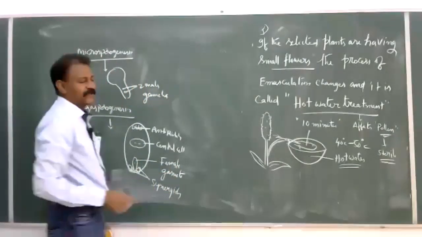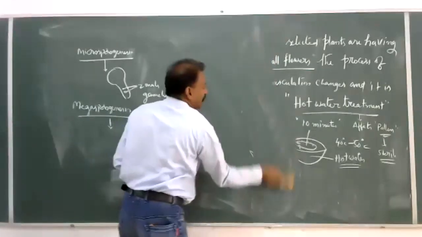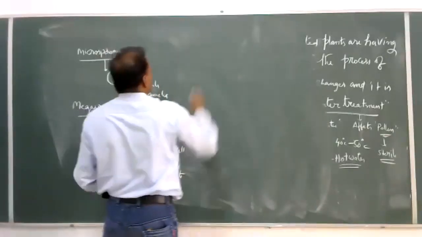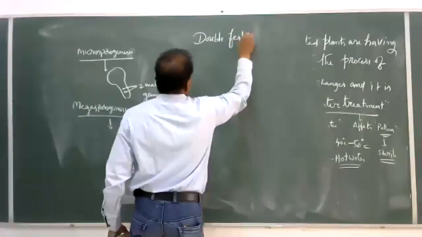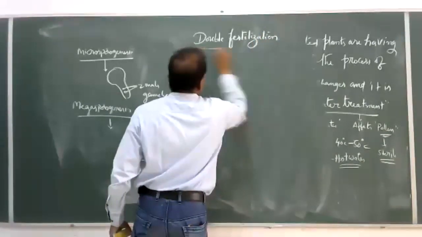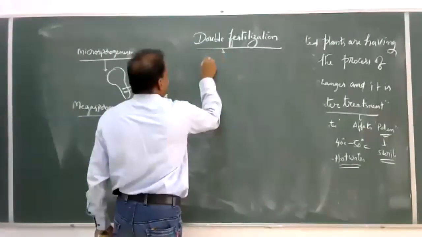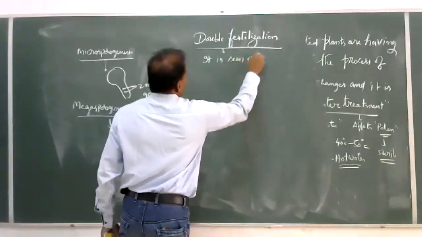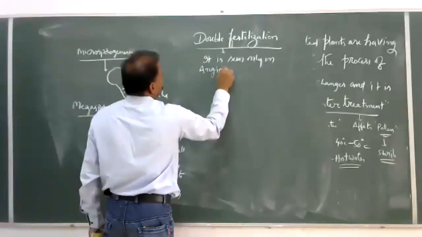Now we are going to study double fertilization, the most important aspect of angiosperms, and it is a characteristic feature of angiosperms. What is double fertilization? It is seen only in angiosperms.